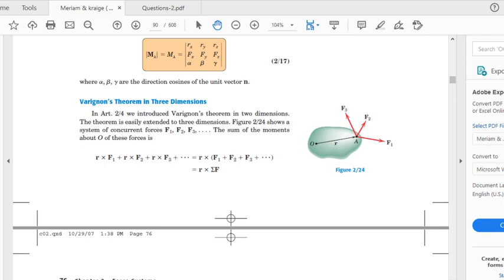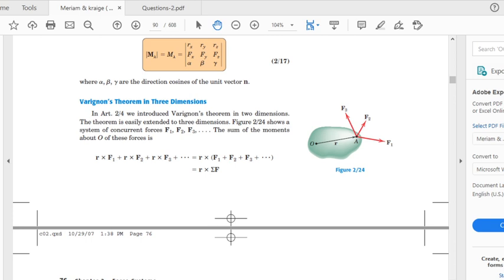So say we have 3 concurrent forces which have a common point of intersection of their lines of action. In the case of all the concurrent forces, the sum of the moments about point O is going to be equal to the moment produced by the sum of these forces. The sum of the moments produced by each force separately will be equal to the moment produced by the sum of these forces, or you can say the moment produced by the resultant.